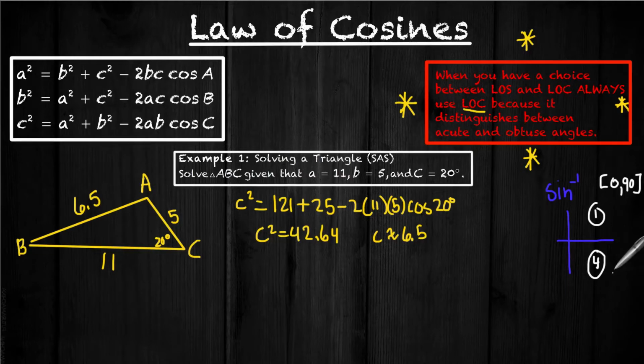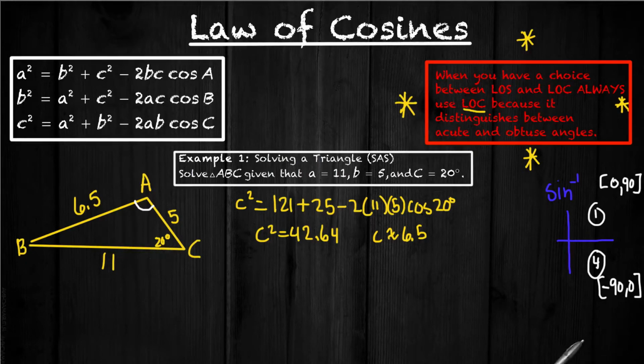Quadrant 4 goes from negative 90 to 0, and those are all acute angles. You notice there's no angle that's above 90. So what if angle A, which it looks like in this triangle, is an obtuse angle, bigger than 90? Inverse sine will never give us an angle back that is bigger than 90 because of the quadrants that it operates in.